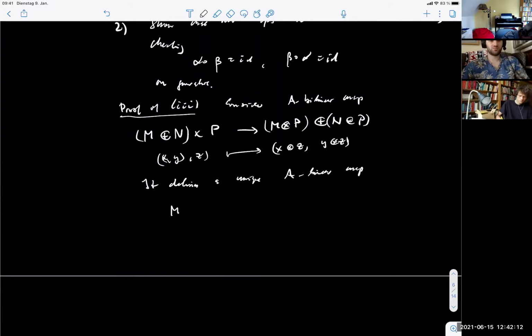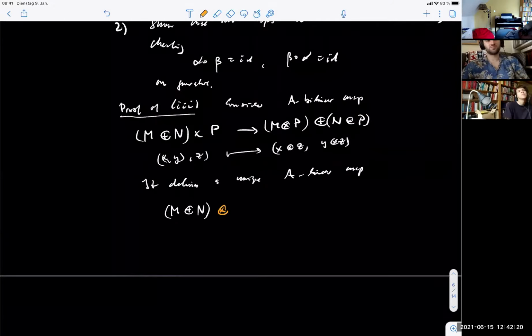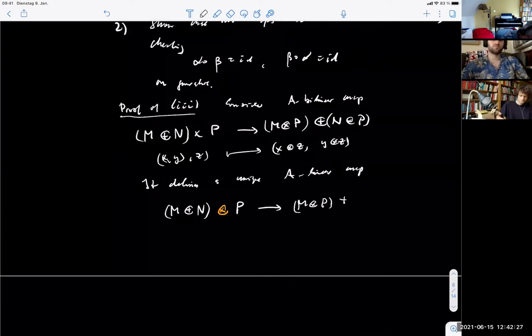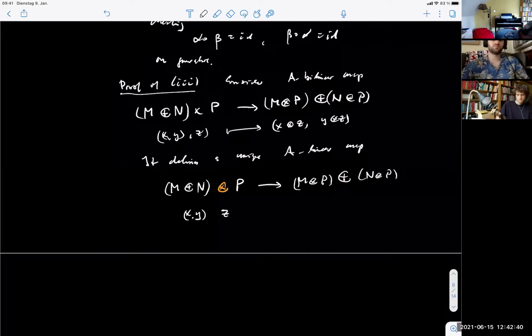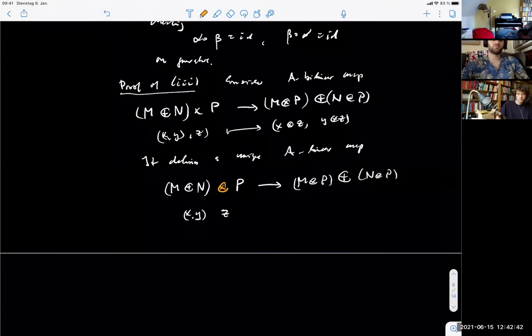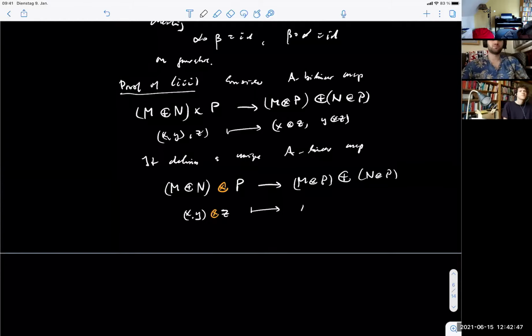Now what I have to do now, I replace these, maybe this would be nice to have in color. And the right-hand side is unchanged. And what do I want, of course? (x, y) tensor z, maybe in orange, should go to what I have on the right-hand side.